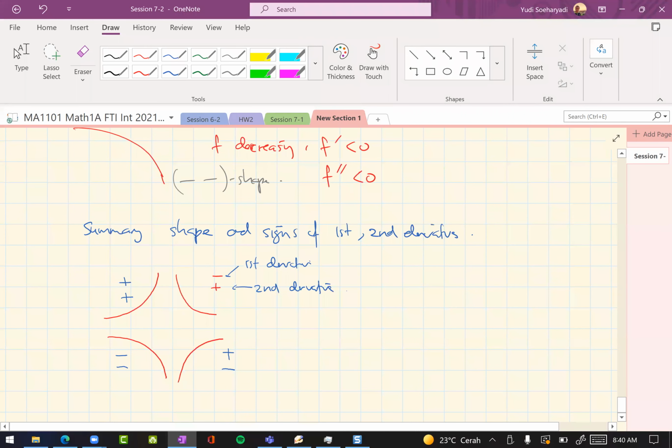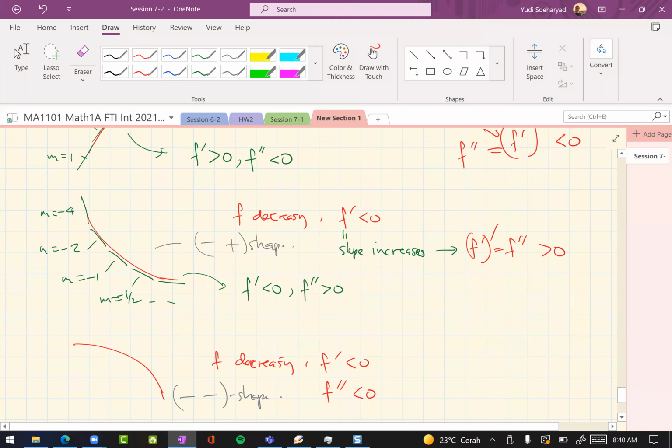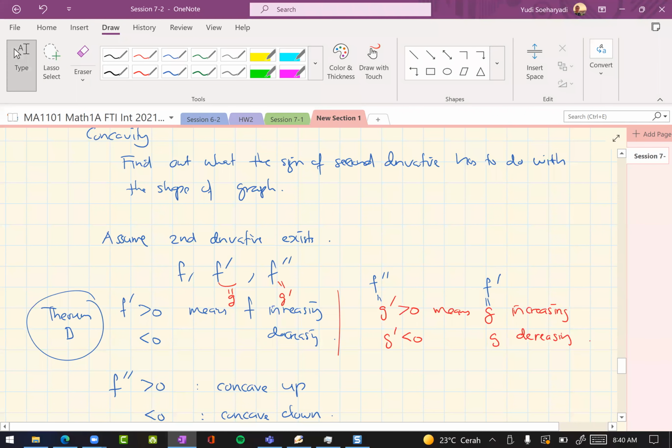All right. From the last example, we'll push for the concavity.